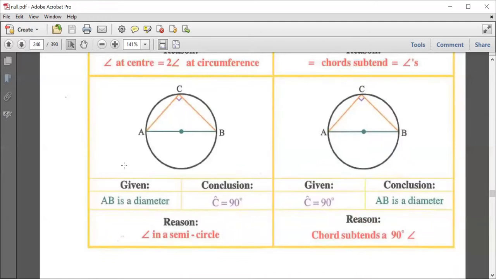It says that if we have a triangle inside the circle, and on this triangle we have a diameter, is there anyone who knows what a diameter is? What is a diameter?